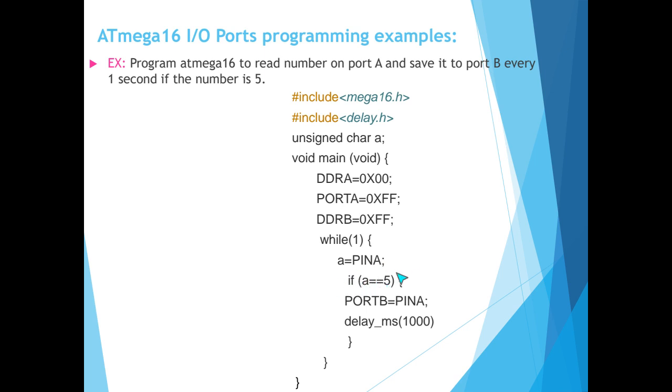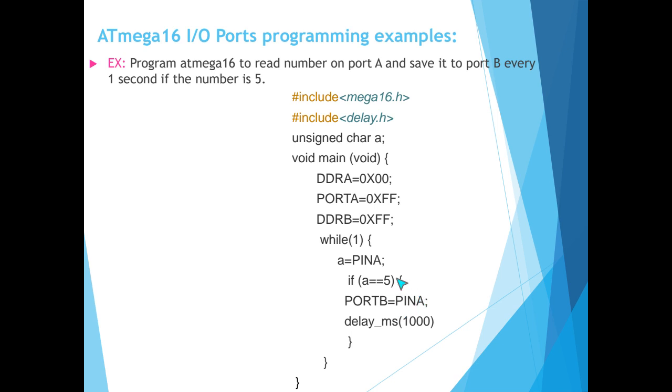For an if statement, we have a condition and then we open curly braces and we close it. As you remember, this is the structure of an if statement. If A is equal 5, curly braces open, curly braces closed, PORTB is equal PINA. Why? Because we want to save the data of port A in port B.